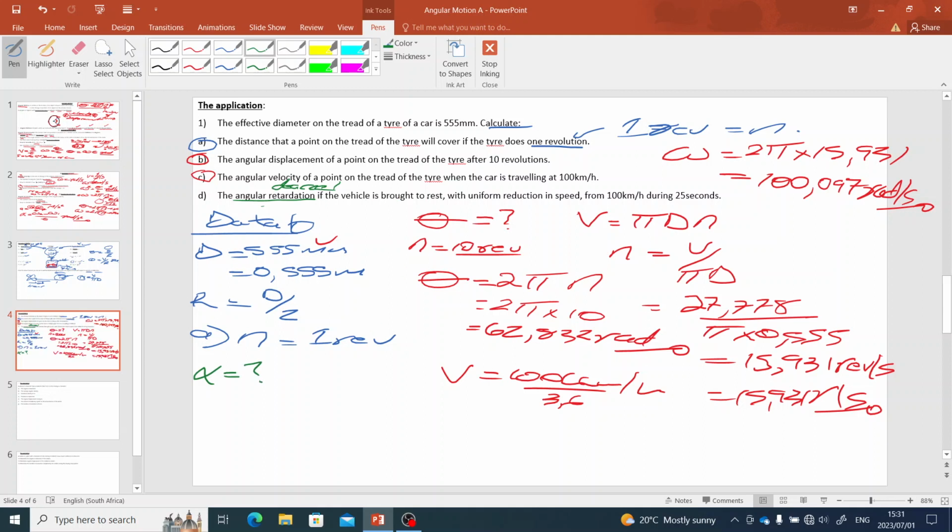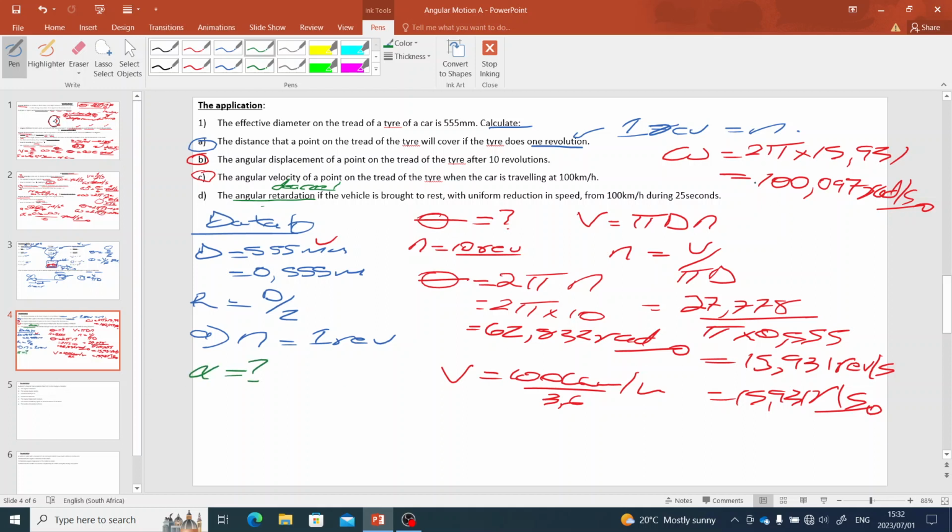The vehicle is brought to rest with uniform reduction in speed from 100 kilometers per hour during 25 seconds. In calculating angular, they want us to calculate angular.